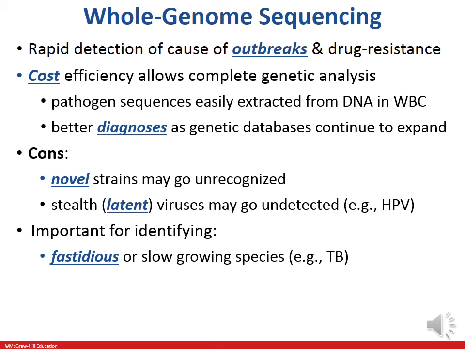And so this is going to become more and more important as we try to detect diseases that are either fastidious, which, if you recall, means that they require very special growth factors to be cultured, or species like tuberculosis, especially multi-drug resistant tuberculosis, that takes weeks to culture. In many cases, we're now finding that diseases involve more than one pathogen.